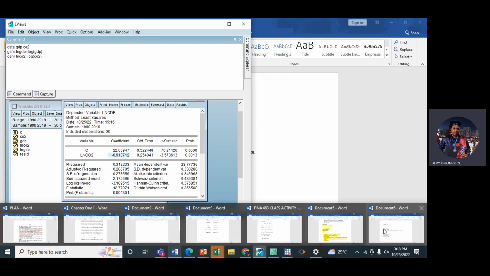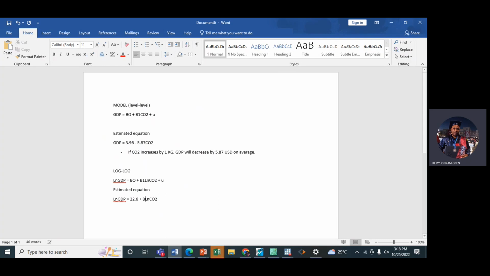So I come here, I put 0.9 as lean, and then it is minus, so I change this plus to minus. So that's our estimated equation.